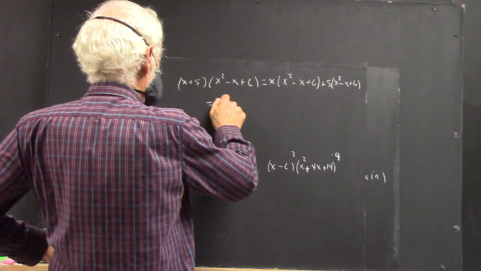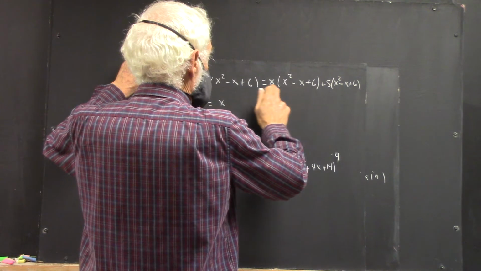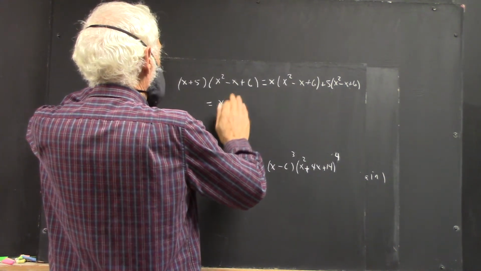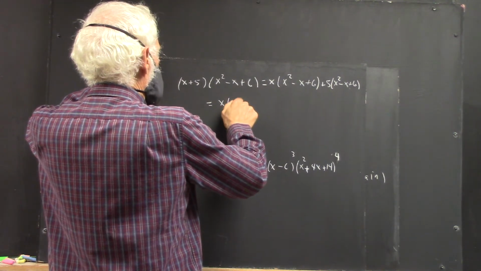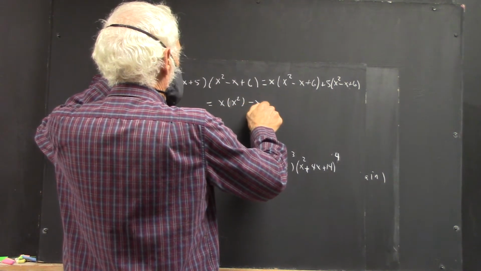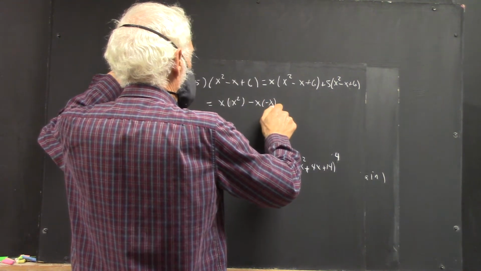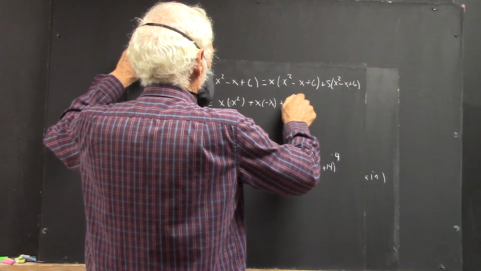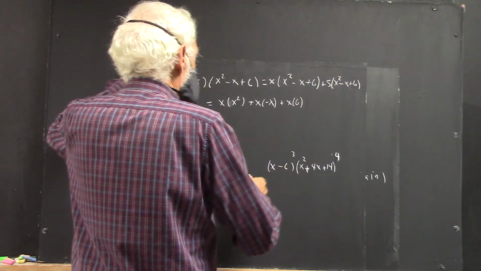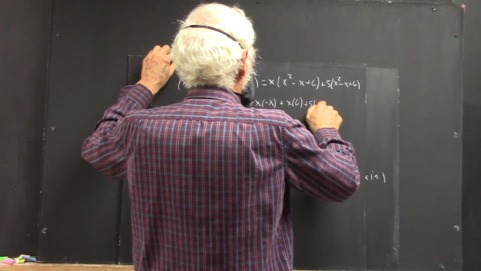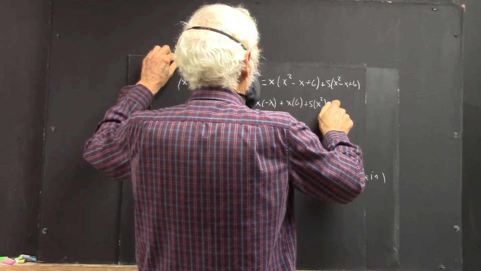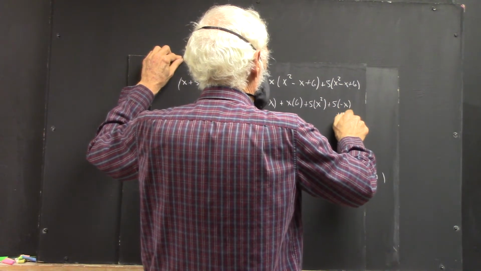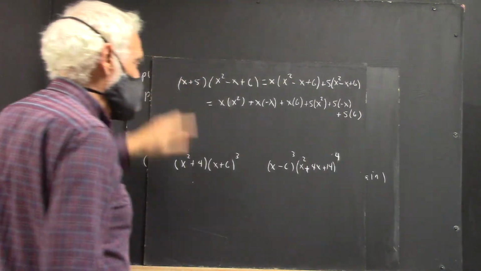That equals x times x squared, minus x times x, plus x times 6. So I'm going to write it as plus x times x squared, plus x times negative x, plus x times 6, plus 5 times x squared, plus 5 times negative x, plus 5 times 6.